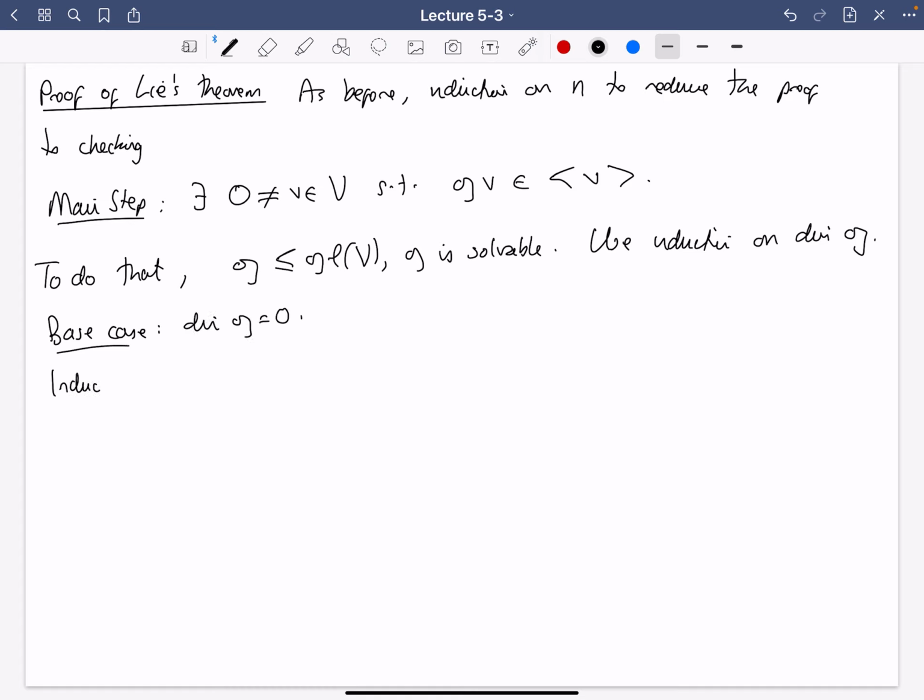And now we're on to the induction step. We're trying to prove this main step statement by induction. And so we're assuming for the induction step that the dimension of G is positive. Now, G is solvable. G over G prime is non-zero, and it's an abelian Lie algebra.